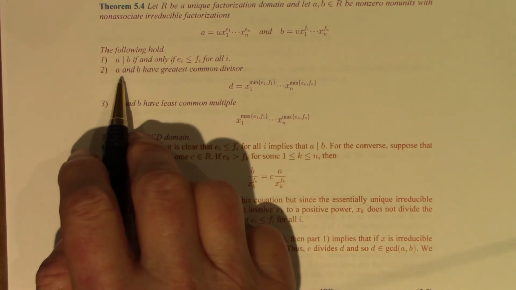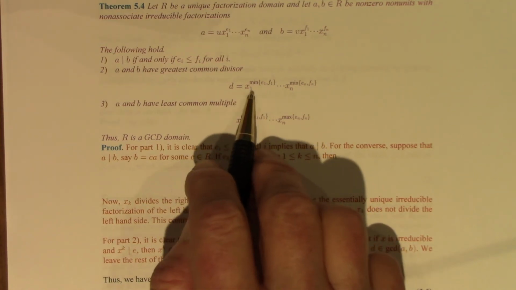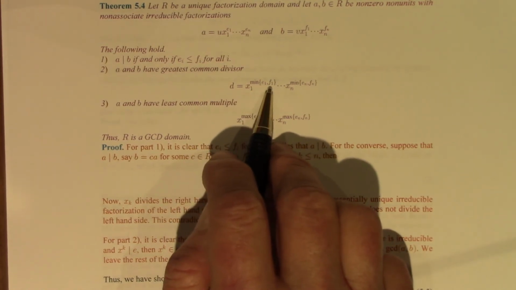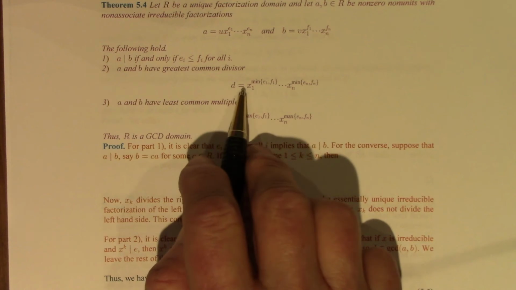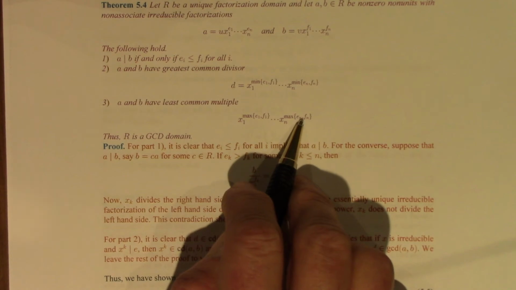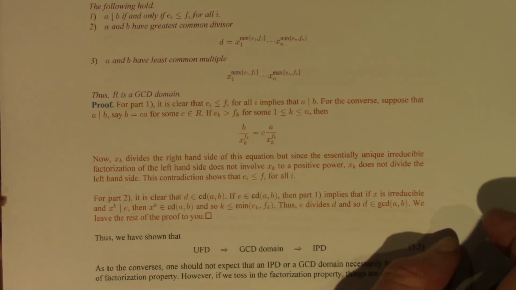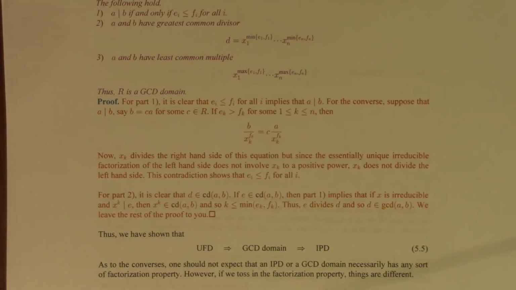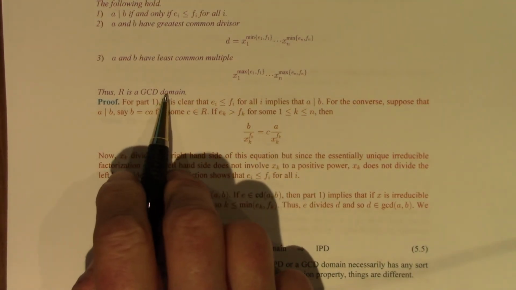And therefore, A and B have a greatest common divisor, x1 to the minimum of the two exponents, all the way through to xn to the minimum of the two exponents. Call that D. And the least common multiple looks like this, which is the maximum of the exponents. So every pair of non-zero non-units has a GCD, and so does every pair of non-zero elements, and so we have a GCD domain.